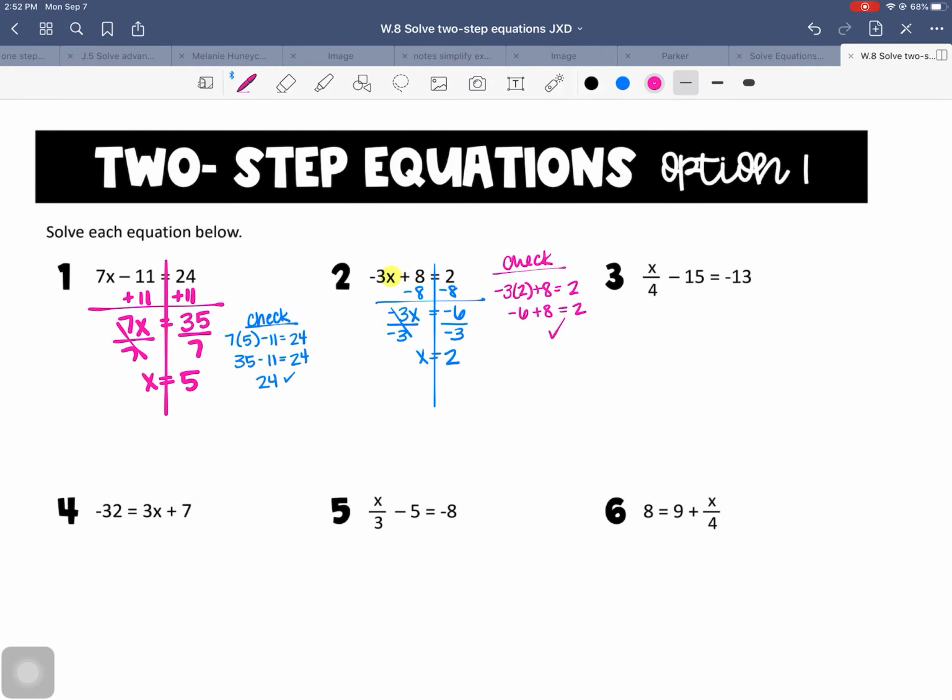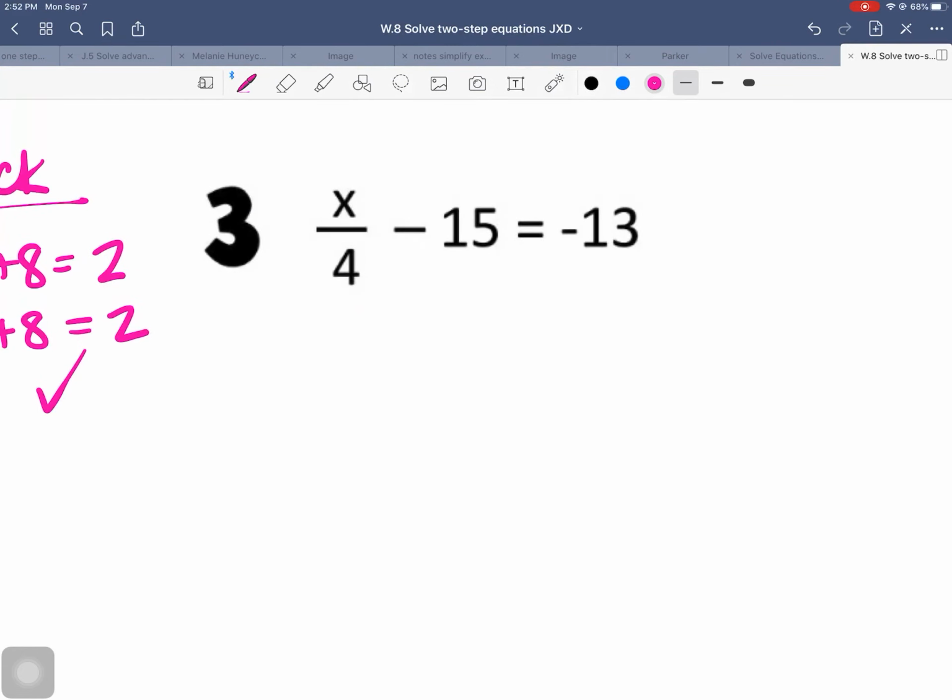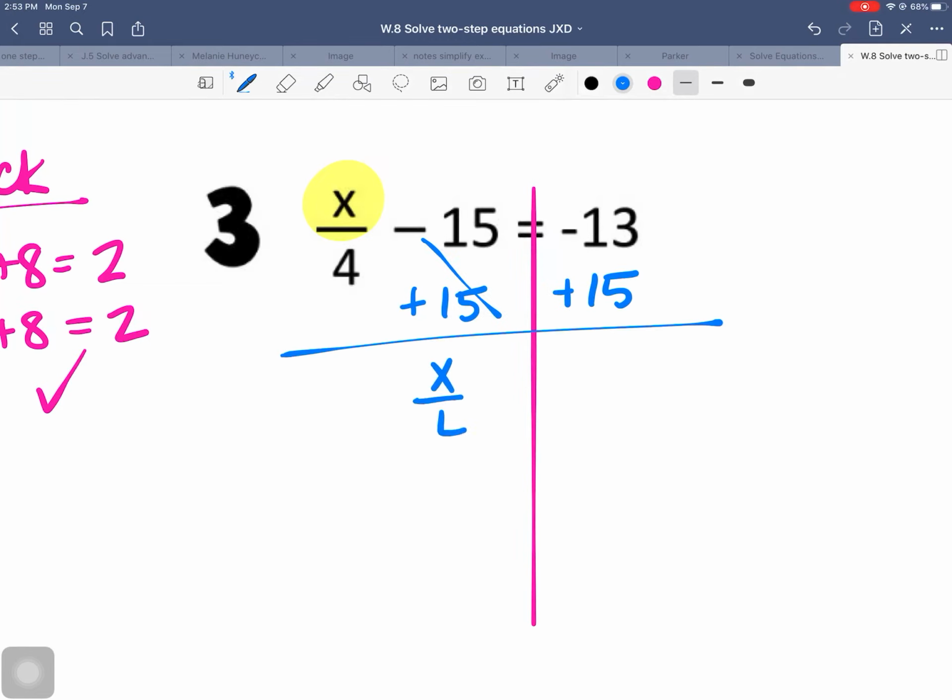Okay. Let's jump into number 3. I'm sorry, I'm just trying to make sure I get you an example of everything I want here. Okay, I'm going to start by x is what I want to isolate, so I'm going to add 15. X divided by 4 is equal to 2. Be careful here, that is negative 13 plus 15, so I get 2. X over 4 equals 2.